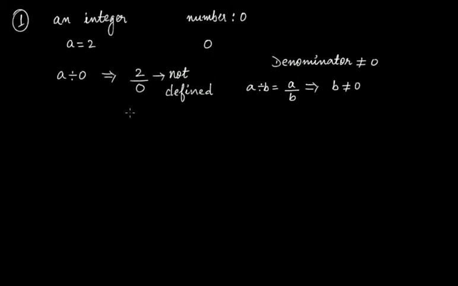Now the second condition is, suppose you have a as 0 and b as some integer, that is your numerator is equal to 0, and b is any integer, say 4 or 400.